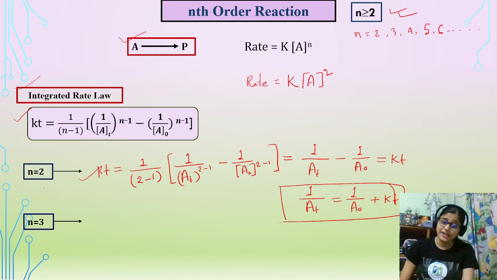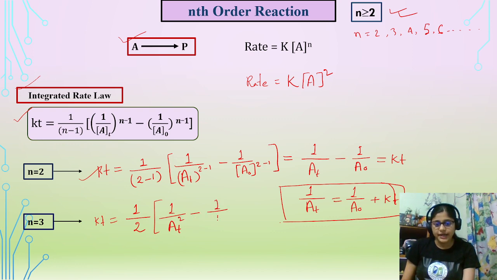Okay, so if you only remember this nth order formula, you can calculate for n equal to 2, also n equal to 3, right? So for n equal to 3, you just have to put n equal to 3 here. kt equals 1 by, n equal to 3 means here it will be 2, and it will be 1 by A to the power 3 minus 1, that is square, minus 1 by A0 to the power square.